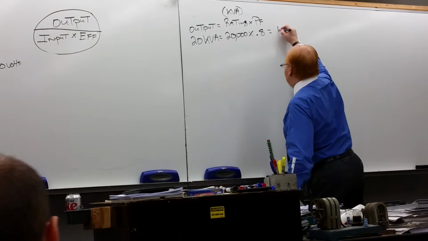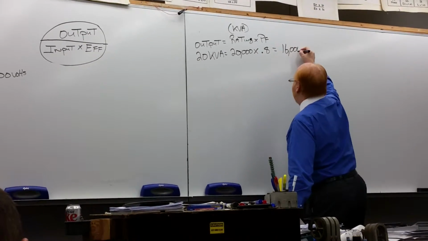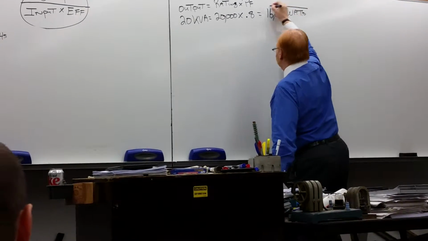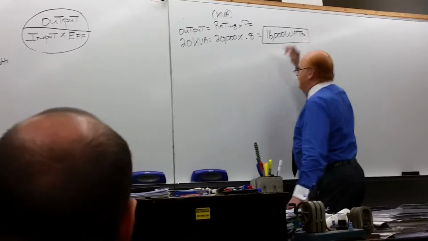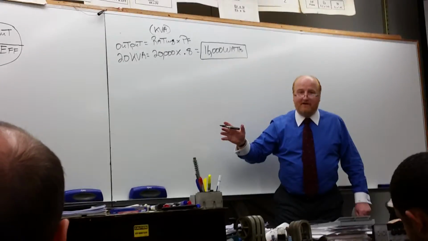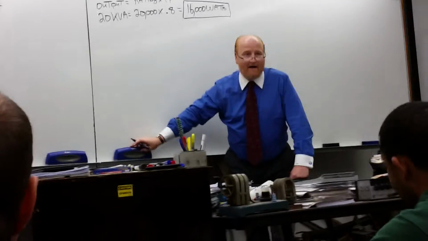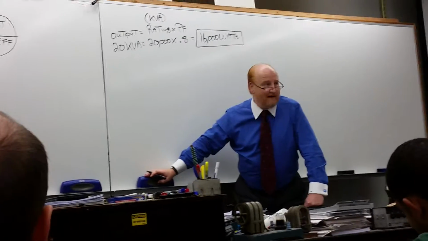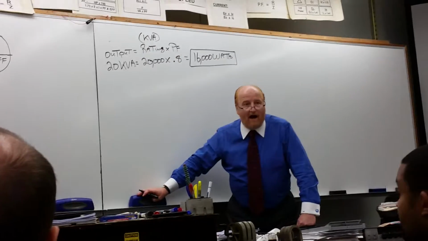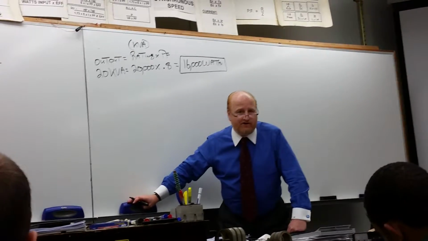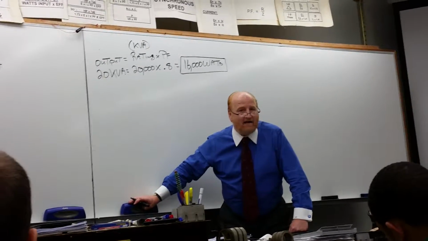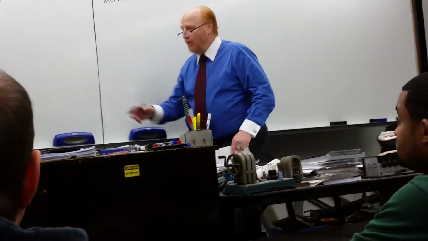I now have 16,000 watts. That was my first step. Realizing I don't have 20,000 watts, I only have 16,000 watts. I have a voltage, I have a wattage, I can find the current.